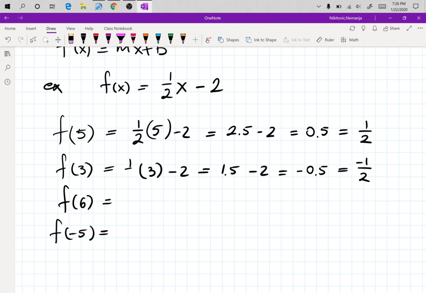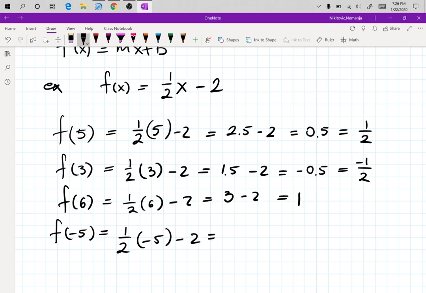Half of 6 is 3, minus 2 is 1. And half of -5 is -2.5, minus 2 is -4.5. Excellent.